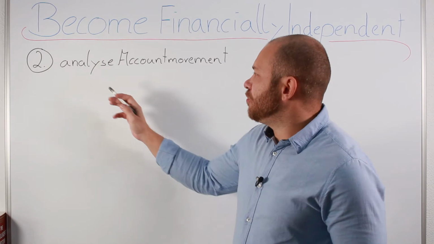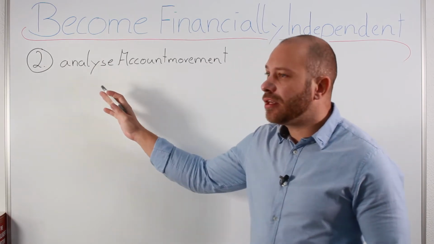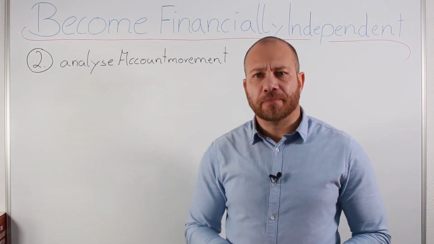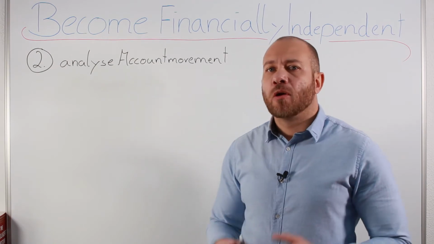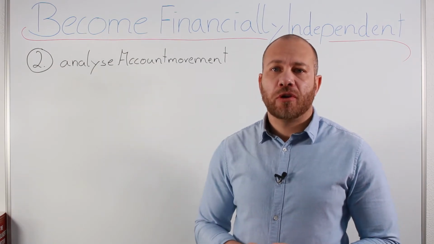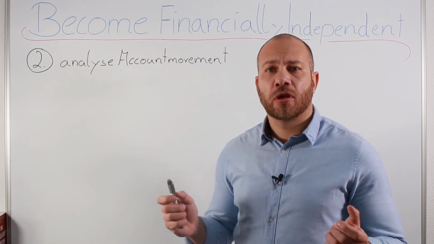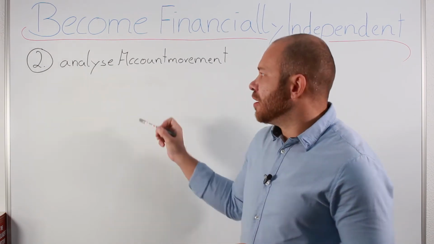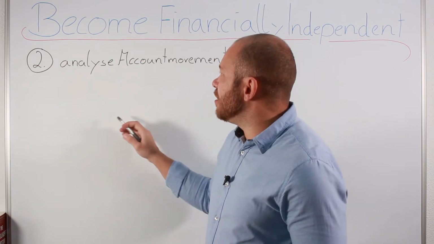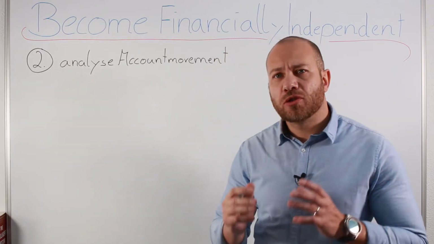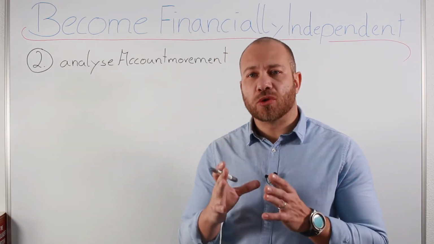So for example, if you pay each month or each week for Starbucks coffee, why don't you make a coffee at home which costs 50 cents, and not $9? So that is what I mean by analyze your account movement, so that you see where your money goes.